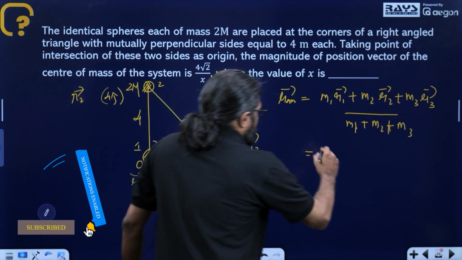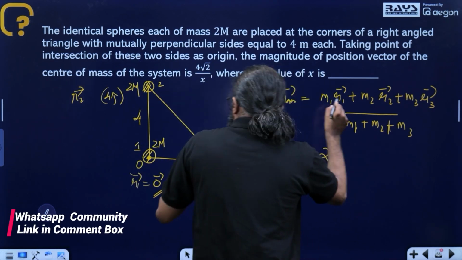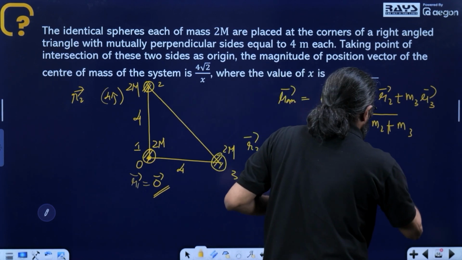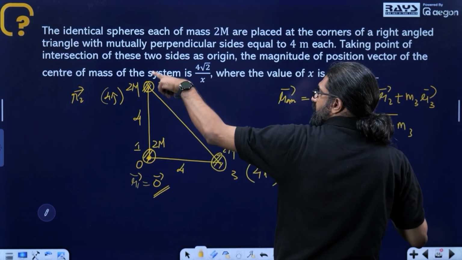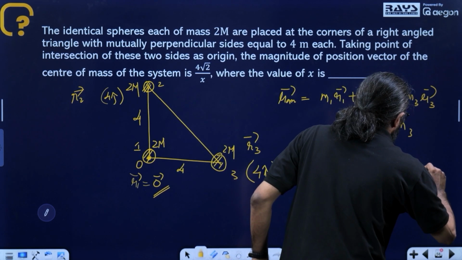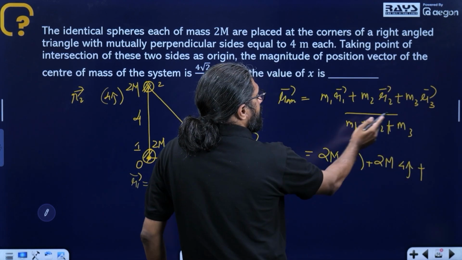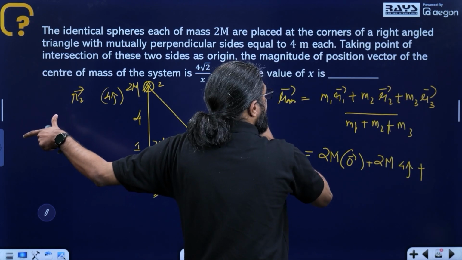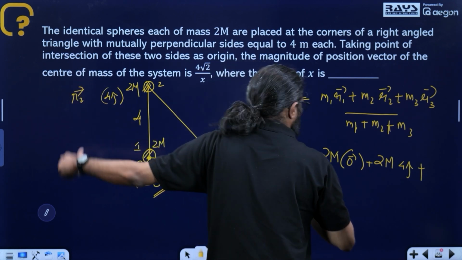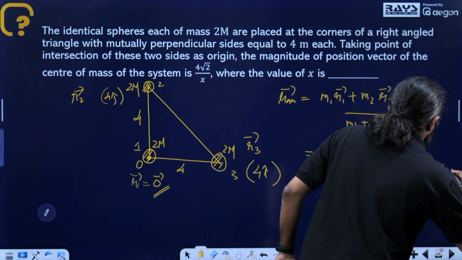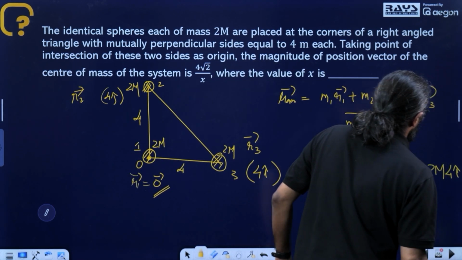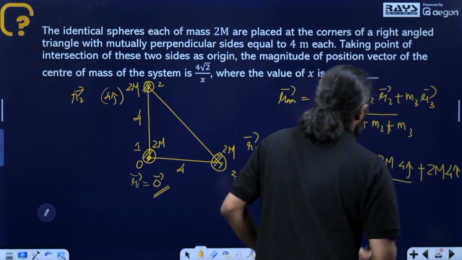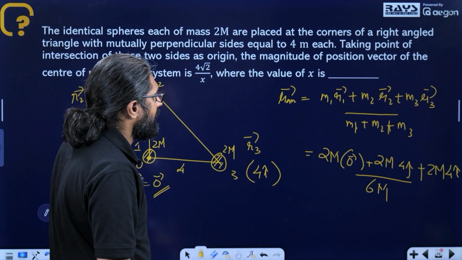It's all 2m here, but r1 is a 0 vector, so we have a 0 vector here, plus m2 is again 2m, the position vector would be 4j cap, plus m3 would be again 2m, and the position vector would be 4i cap. That is divided by 6m. 2m, 3 copies, that will be 6m.